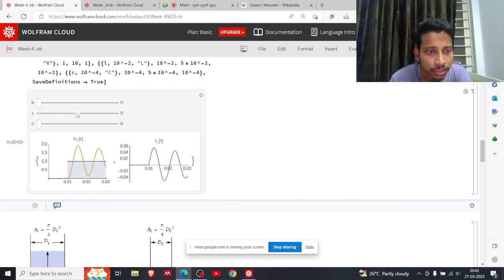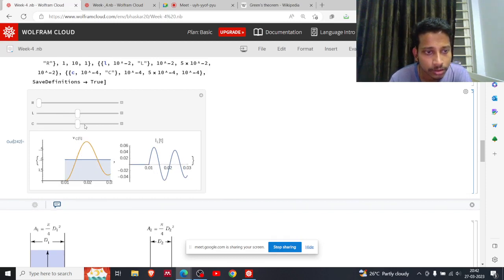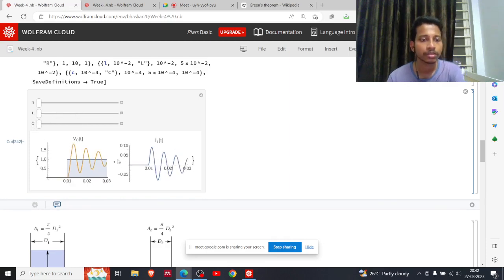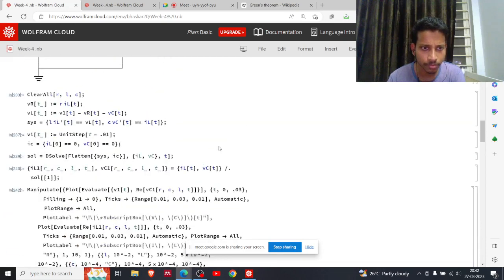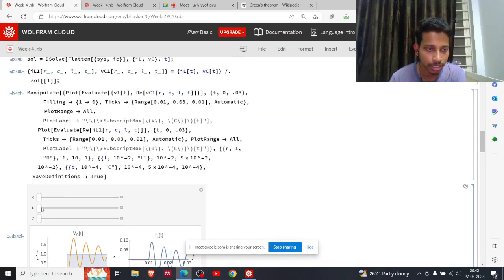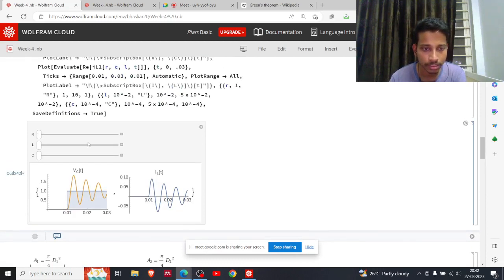By changing the L, you can see the oscillation is decreasing. So in this way we can change the values of R, L, and C, and we can actually see the effect of these parameters on the solution of the LCR circuit.